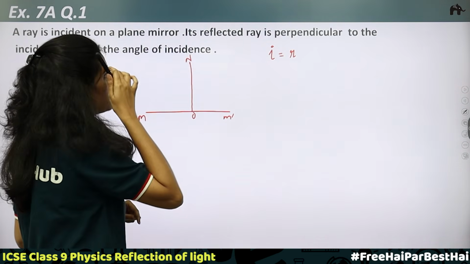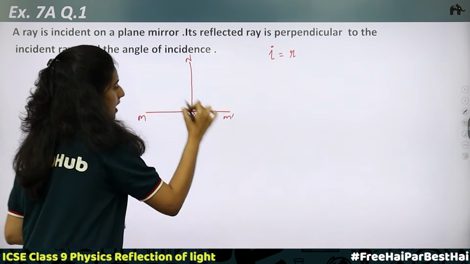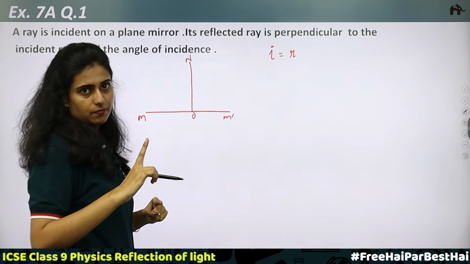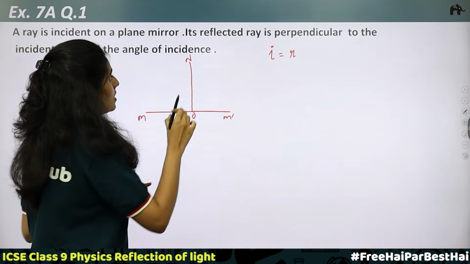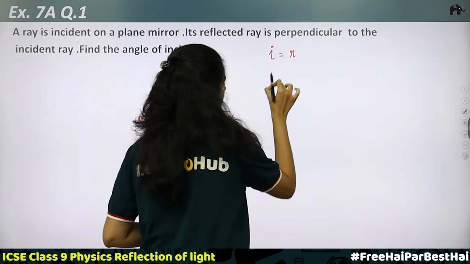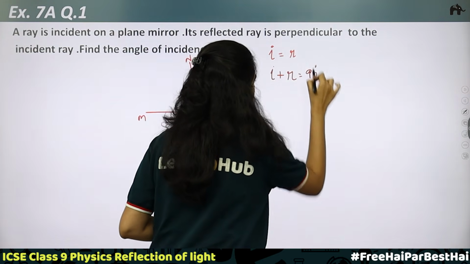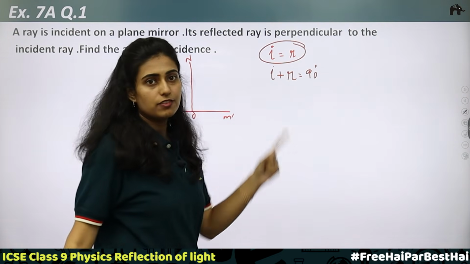What is given? Its reflected ray is perpendicular to the incident ray. So the angle between the incident ray and the reflected ray is 90 degrees. So angle of incidence plus angle of reflection is equal to 90 degrees. According to the first law of reflection, the angle of incidence is equal to the angle of reflection.